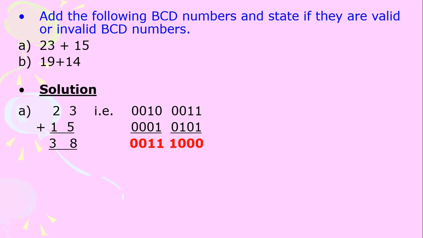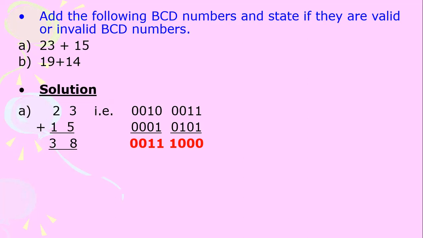So we write 0, we carry 1. 1 plus 0 is 1. 1 plus 0 is 1. We write down 1. Then we move on to the next column, which is 0 plus 1. That gives us 1. We write 1. Then we add 1 to 0. That gives us 1. Then 0 plus 0 is 0, and 0 plus 0 is 0. So we get 0, 0, 1, 1, 1, 0, 0, 0.